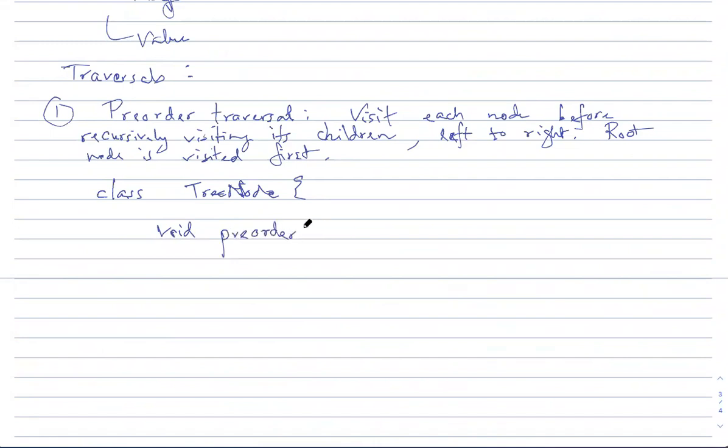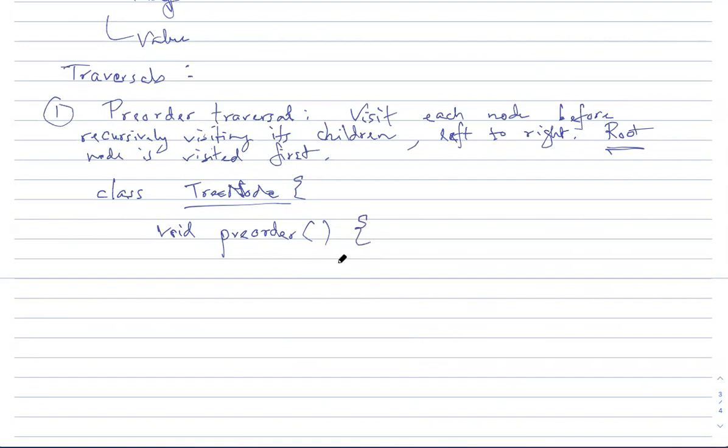Which means that you are starting the pre-order traversal starting from this node. So that is essentially the root node with respect to whatever is calling the pre-order function. With respect to that pre-order function, this node is the starting point, and therefore is the root of that subtree.